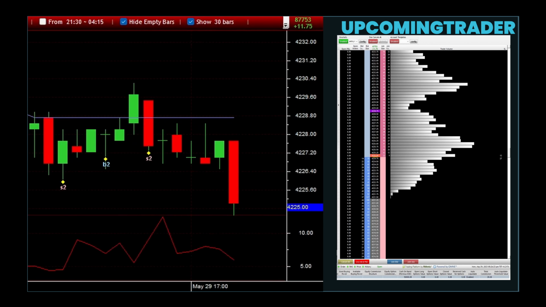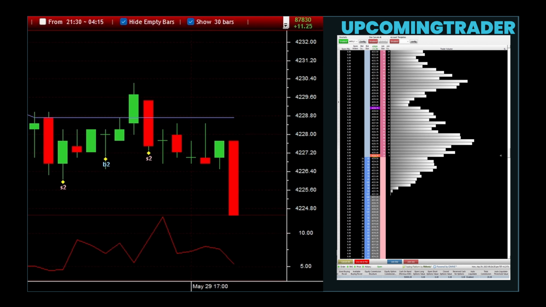Another important pattern is the double distribution profile. This pattern occurs when there are two distinct areas of value within the same session, separated by a sharp price move. The double distribution profile often indicates a shift in market sentiment. The area between the two distributions, where there is little trading activity, becomes a critical zone.